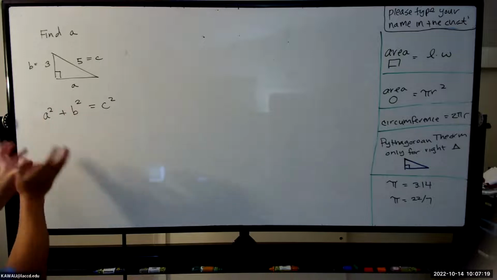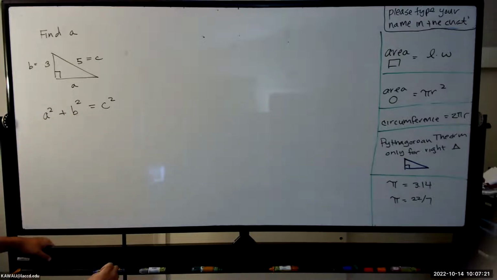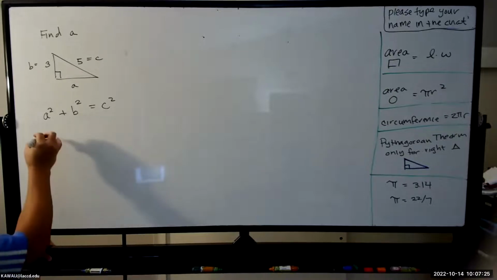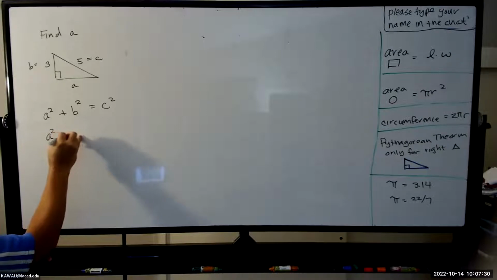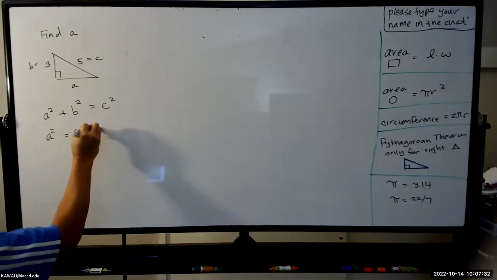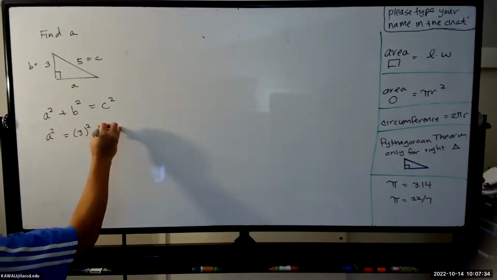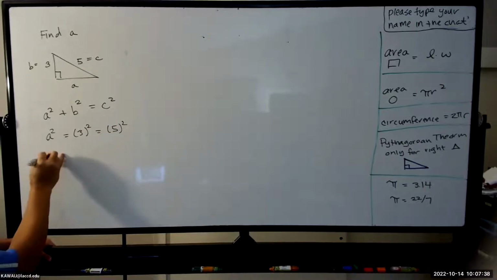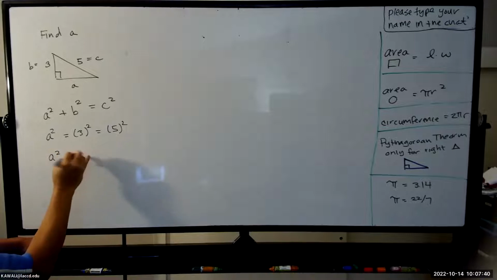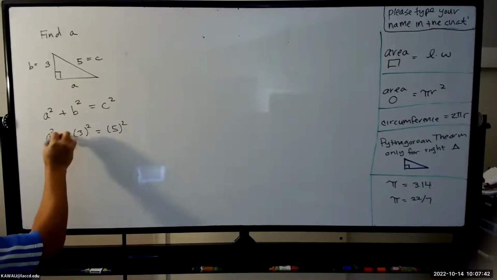So let's just look at the computation of this. Okay. So we're saying that A squared plus 3 squared is equal to 5 squared. Sorry, it's plus, sorry about that.